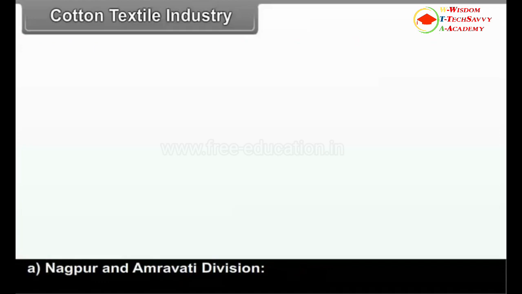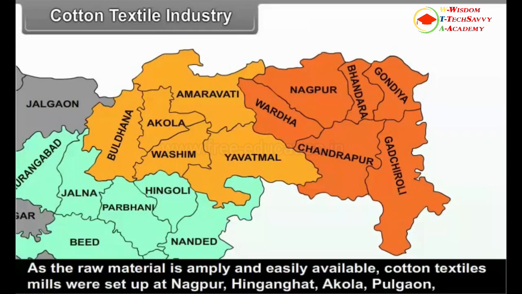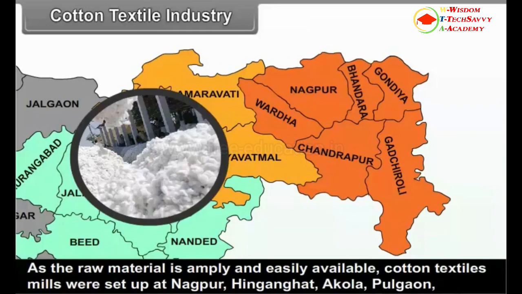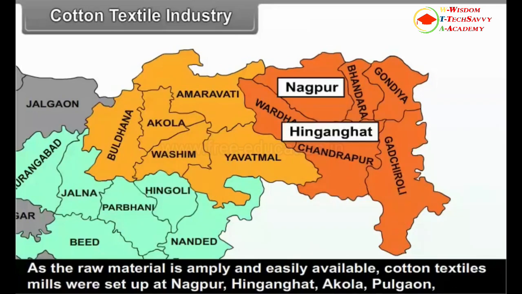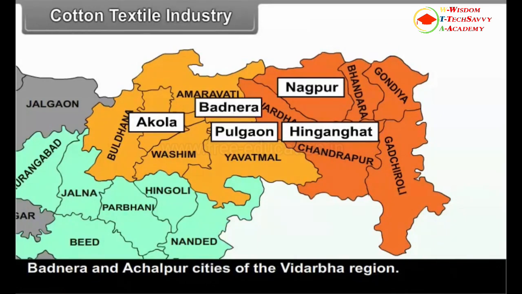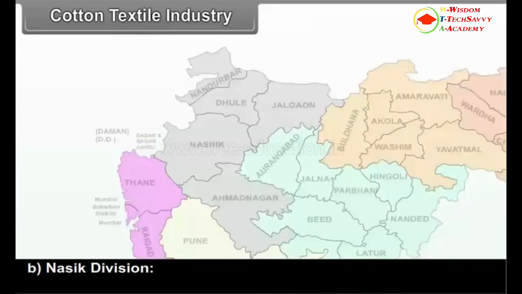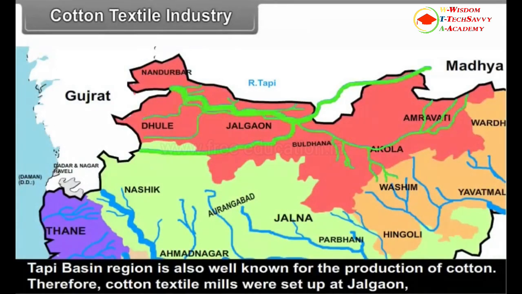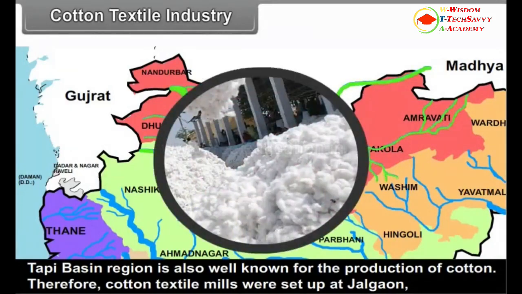Distribution of cotton textile industry. A. Nagpur and Amravati division. As the raw material is amply and easily available, cotton textile mills were set up at Nagpur, Hinganghat, Akola, Pulgaon, Badnera and Achalpur cities of the Vidarbha region. B. Nasik division. Tapi Basin region is also well known for the production of cotton.